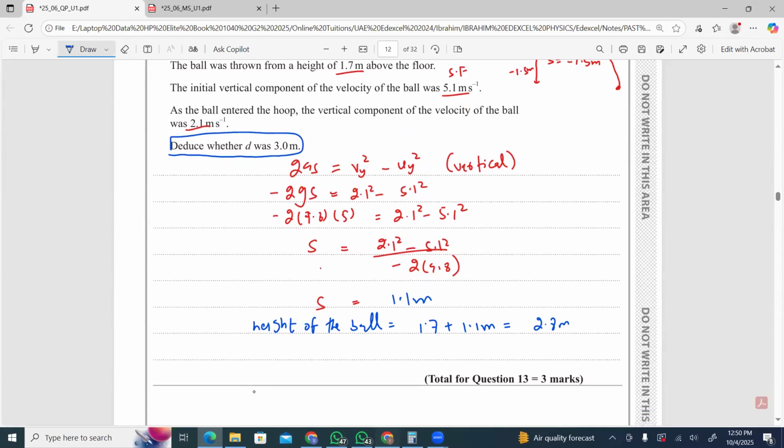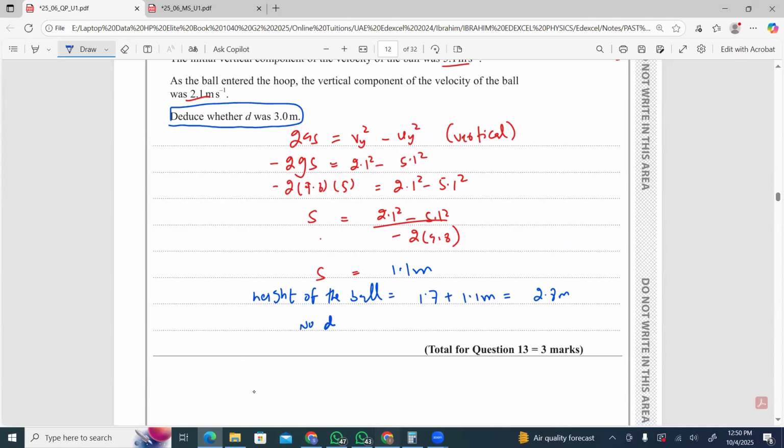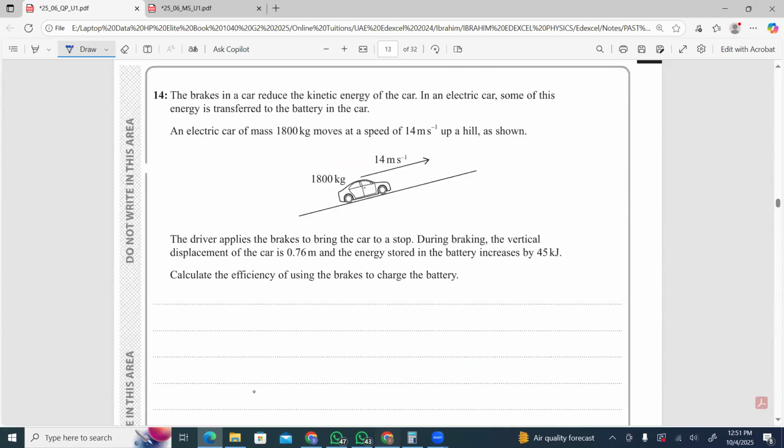So you need to say no, it is not. It means the ball is reaching the hoop at a height of 2.8 meters. So it is actually not present at 3 meters.